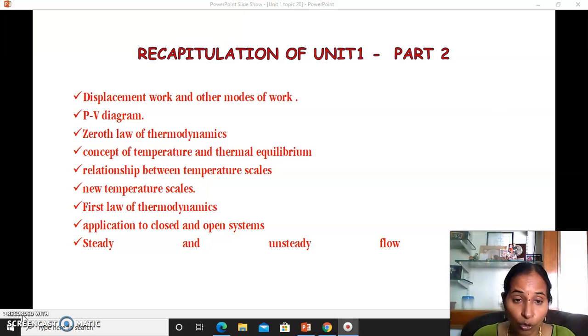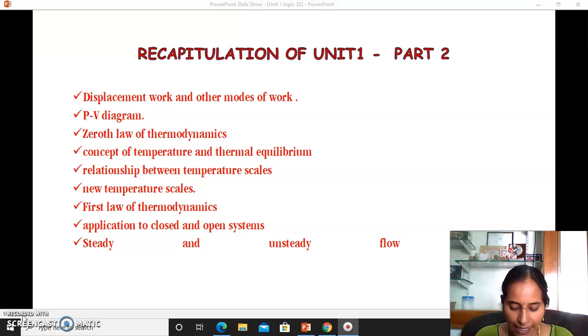For any closed system taken through a cyclic process, the net work delivered to the surroundings is equal to the net heat taken from the surroundings, which is cyclic integral of del Q equal to cyclic integral of del W. The energy of the system comprises potential energy, kinetic energy, internal energy, and terms accounting for electricity, magnetism, and surface tension.